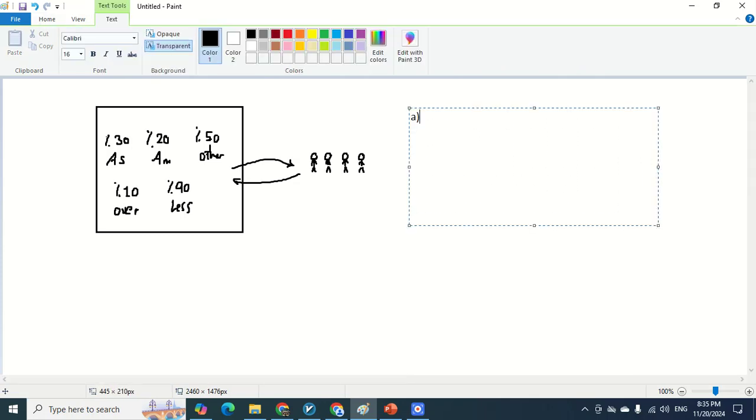Part A of the question says that out of these 4 selections, what is the probability that one is American, one is Asian, and the remainder are from other nationalities? So this is the first part of the question.